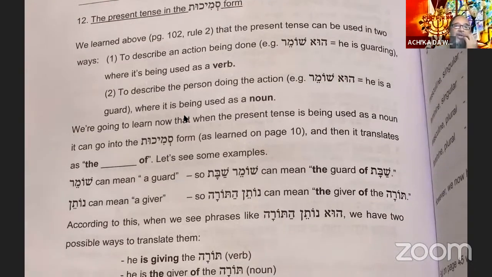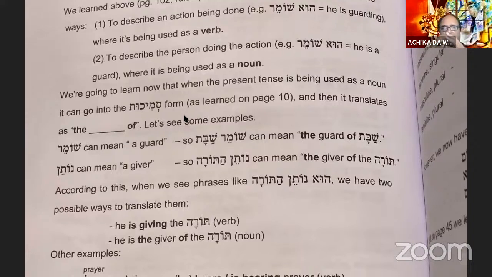Now it says you're going to learn that when something is in the present tense, because that's what we're discussing, being used as a noun, it can go into a smichut. So this is the rule that they want to explain. Are you going to remember it? No, you're not, but if you keep practicing this, you'll be like, okay, the blank of, that's what a smichut is.